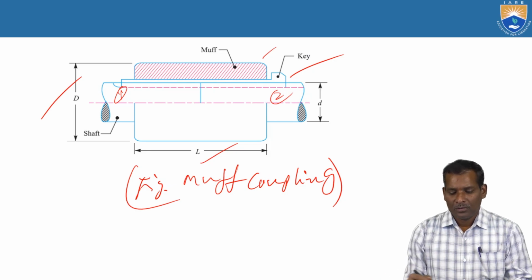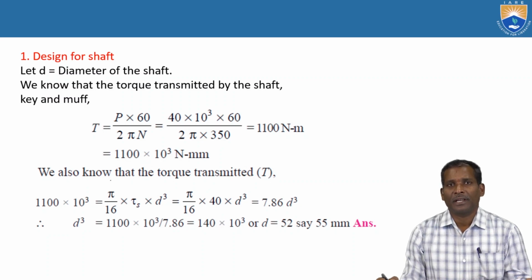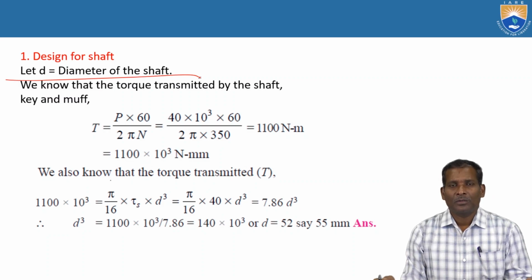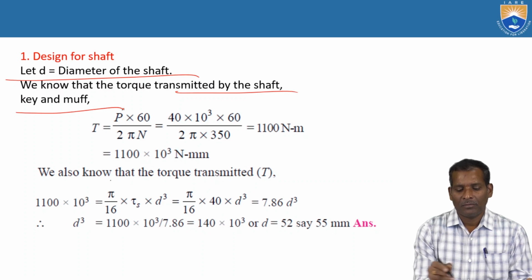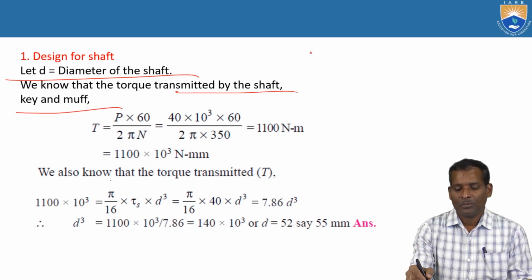Now in the calculation part, first the design of the shaft. Let small d be the diameter of the shaft. You know the torque transmitted by the shaft, key and muff: the power equation is P equal to 2 pi N T by 60.